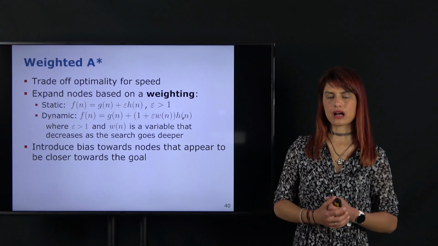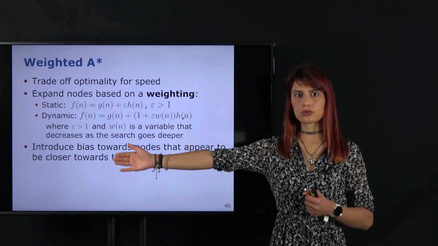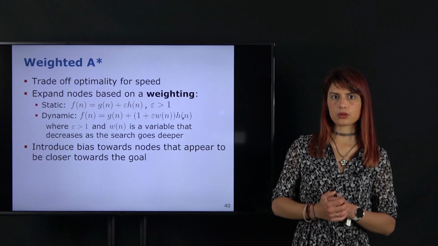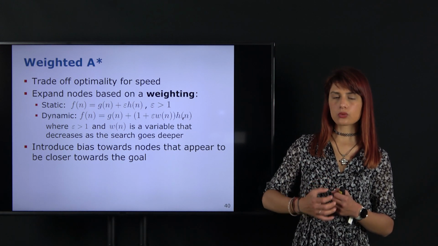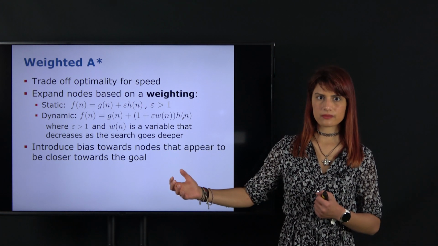The intuition behind that is that at the beginning, we want to take large steps towards the goal because we expect to be far away, for example. So weighting the heuristic more will make us act in a more greedy way, take larger steps.